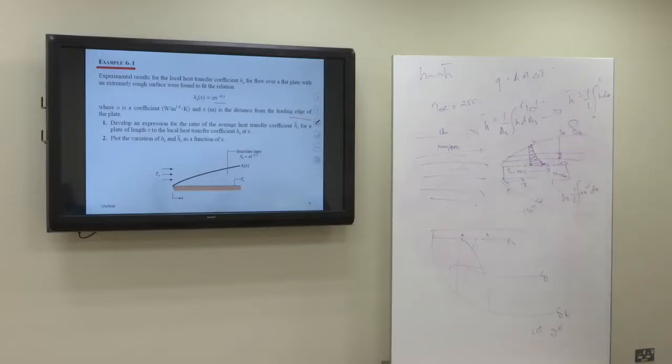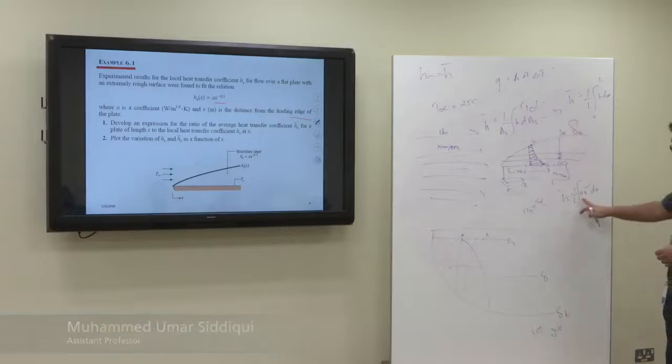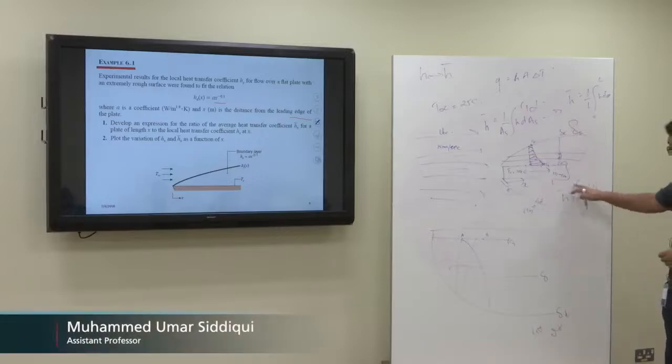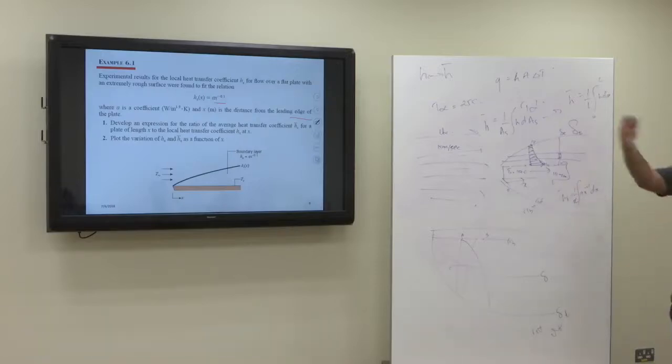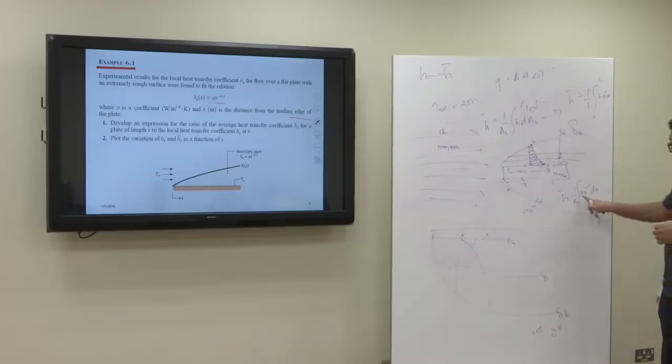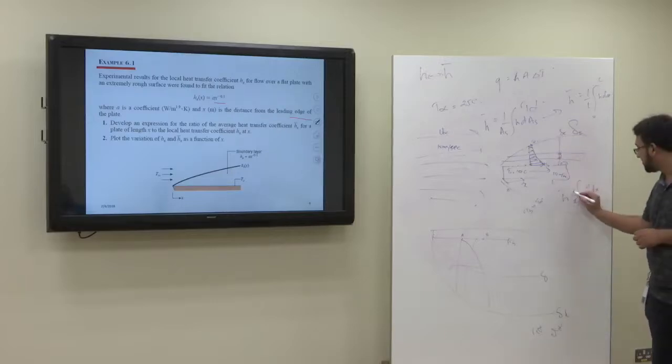Now a is basically a constant. Here this will actually be 1 upon x, because we want to find it from the leading edge to whatever the length x is. So a is a constant, and it can come out.